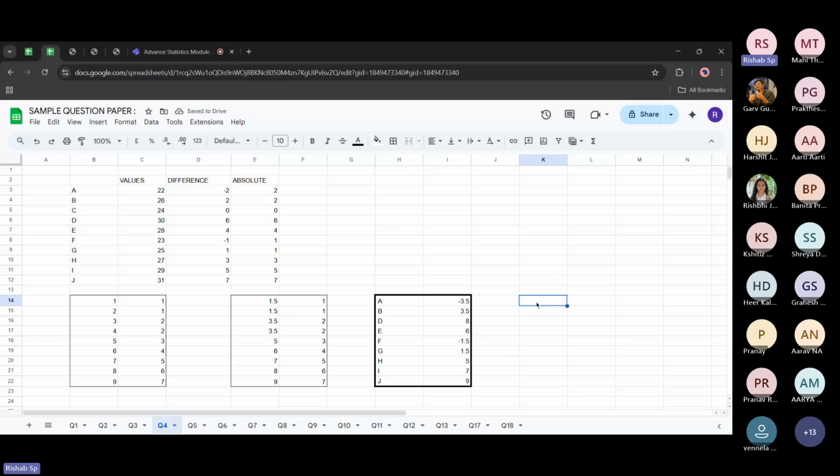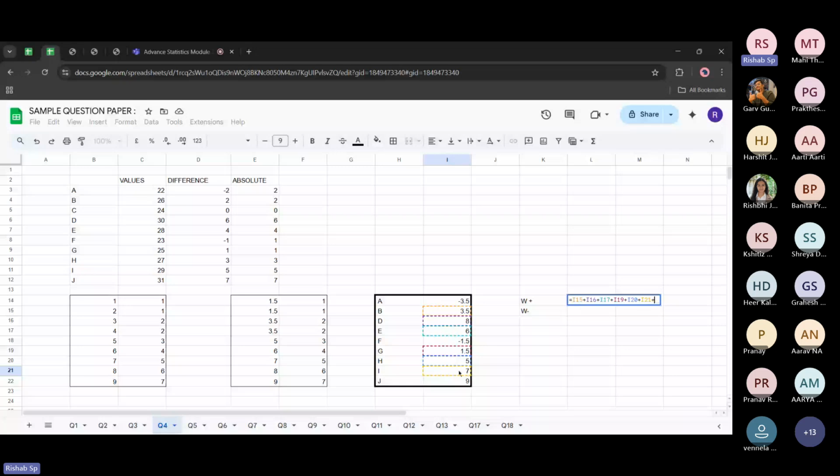Now we'll find W plus and W minus. W plus is basically all the positive values. Plus, plus, plus, plus, plus.